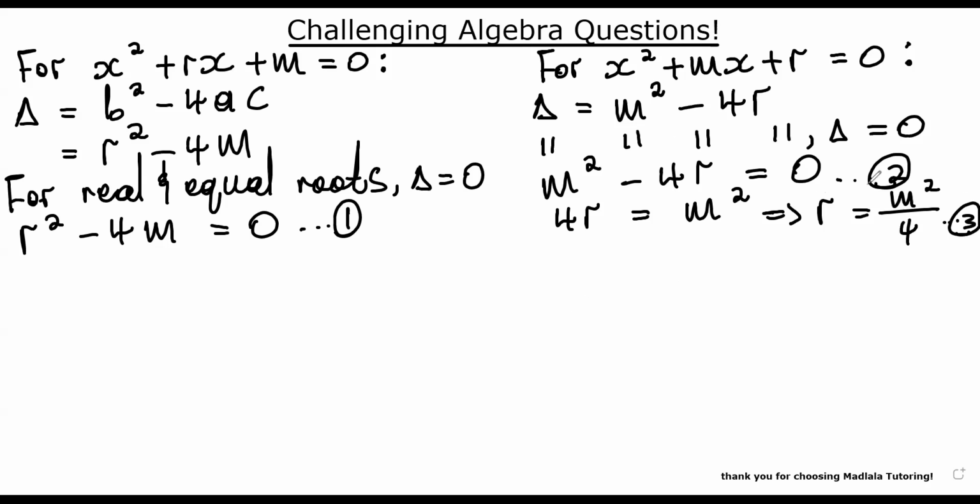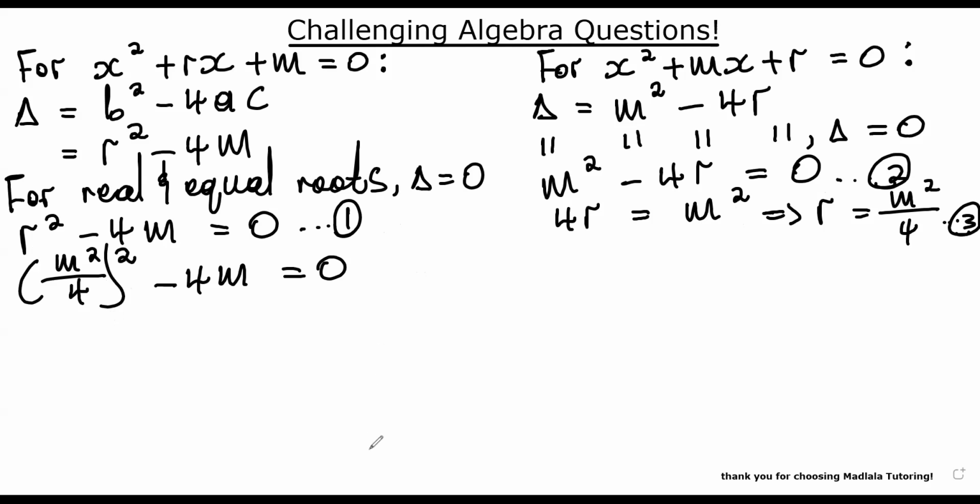Then I'm going to take my third equation and substitute it into my first equation. So in other words, where I see r, I'm just going to put m squared over 4. But I remember that this r is squared. And then I say minus 4m. And everything is equal to 0, of course.